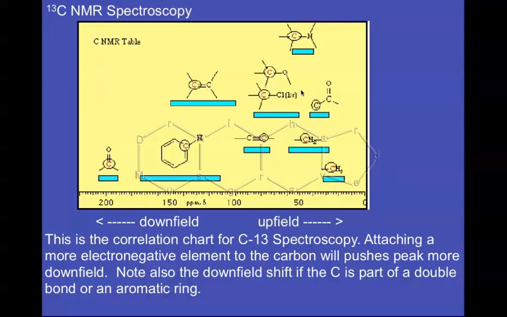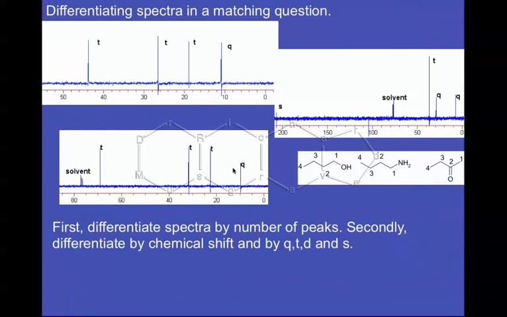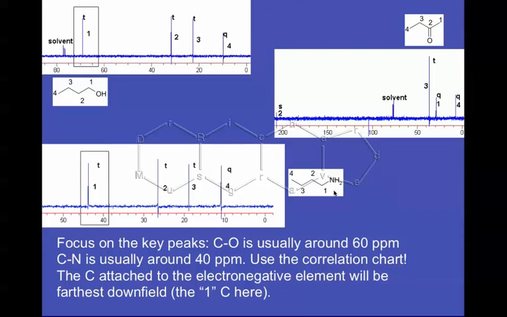And C's connected to N's will be around 40 to 50 ppm. So that's how we'll be able to pick out those two. And I would say that the one with the C connected to the N will have the highest peak at around 44, and the one with the C connected to the O will have its peak at around 68. And those two are good ones to remember. CO around 60, CN around 40 to 50. And that's a good way to differentiate those two.